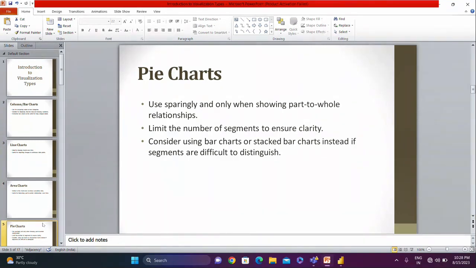Suppose we have 10 products and I want to see which 5 products have the best sales, like the sales of the top 5 products. In such cases, it's good to use a pie chart. And for clarity, it's obviously good to filter out the unwanted data.